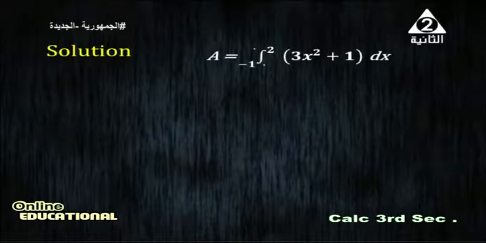and the area can be written as the definite integral of 3x to the power 2 plus 1 dx from -1 to 2.